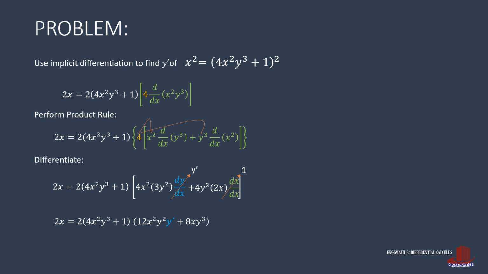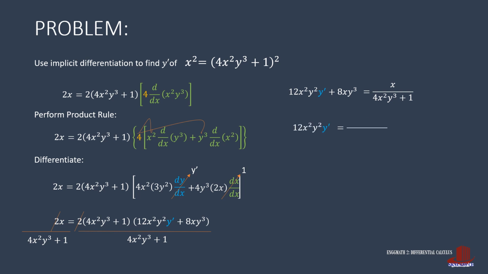We then attempt to take the quantities with y prime, so we divide the function by 4x squared y cubed plus 1, and also cancel the constants 2 from both ends of the equation. The outcome after the division is 12x squared y prime plus 8x y cubed equals x over 4x squared y cubed plus 1.